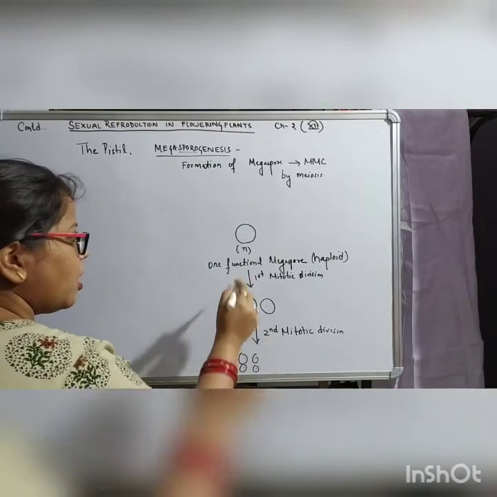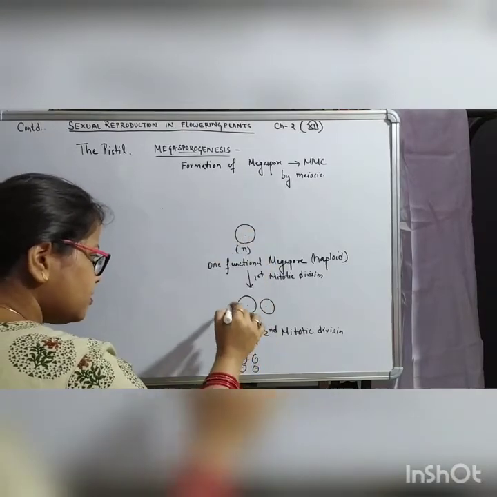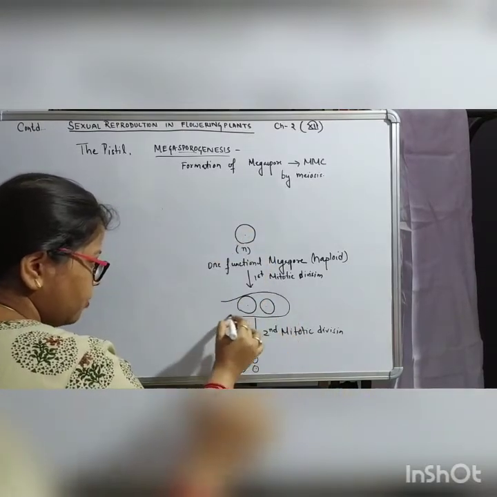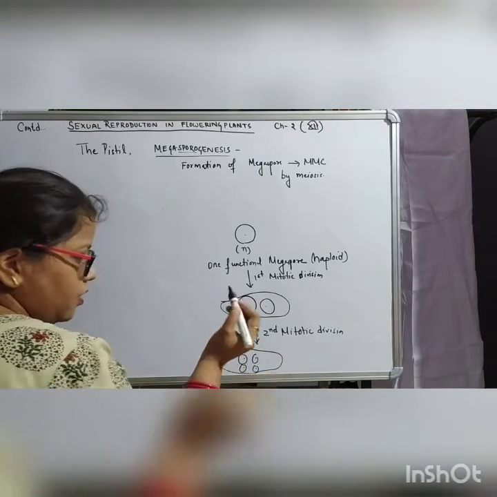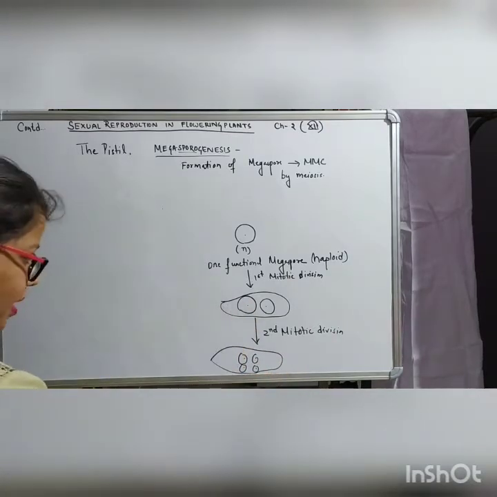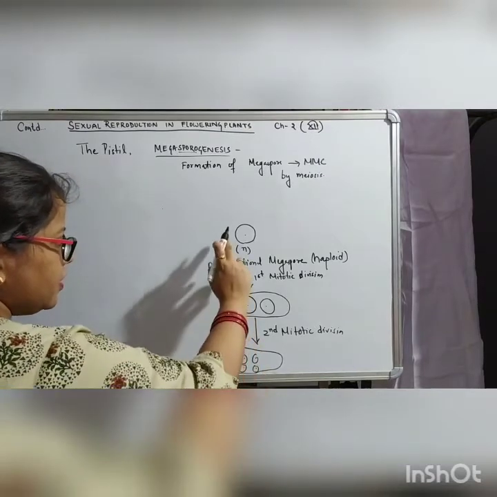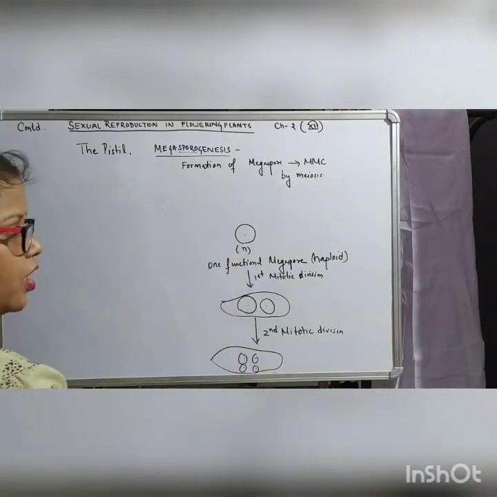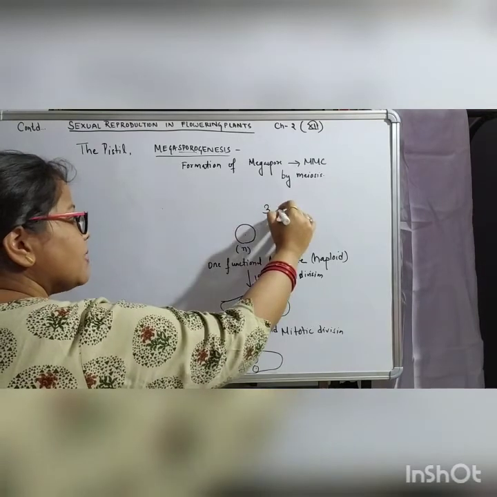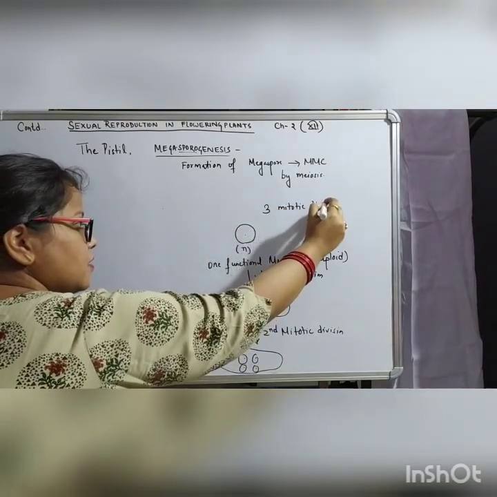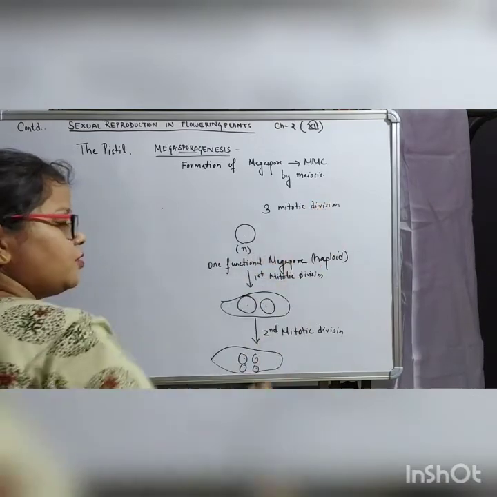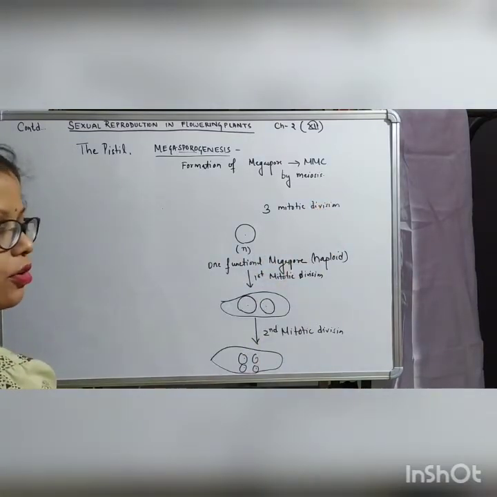We can keep this in this type of cell, like a Euglena, like a slipper shape. So this particular functional megaspore undergoes 3 mitotic divisions.